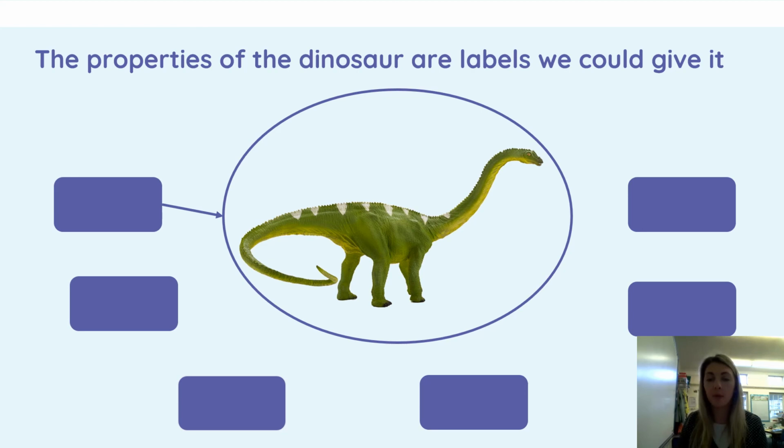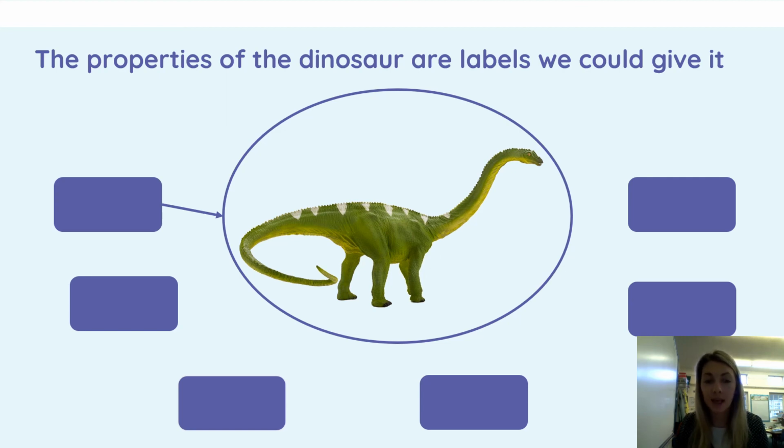For example, you might use the property colour and give it the label green to help us find it in a search. So pause the video and have a think about the different properties. We've talked about colour, size and shapes. Are there any other types of properties that you can think of and what labels could we give it? Pause the video now.